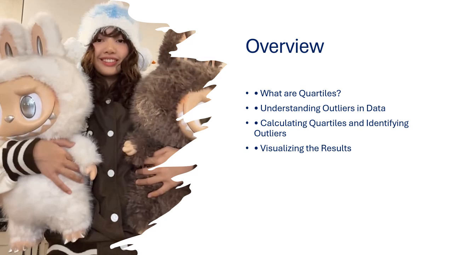If we already understand the quartiles, we will be able to spot which data is included as outliers. And in this video, I will also explain how to calculate quartiles and outliers. And there will be three methods to spot outliers. And the last one is the easiest one and the quickest one.